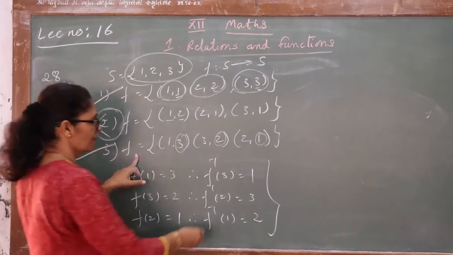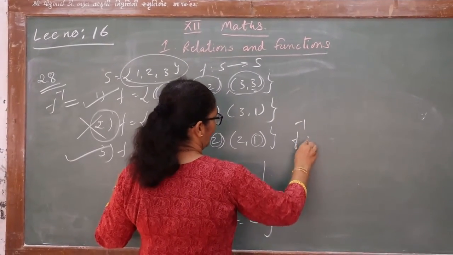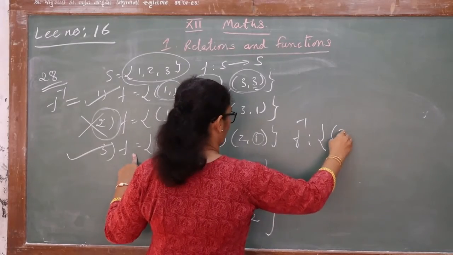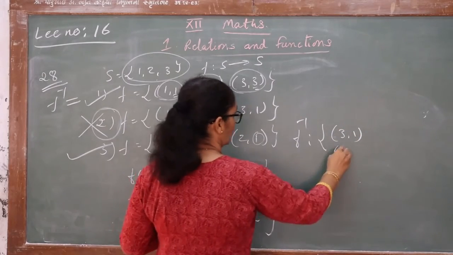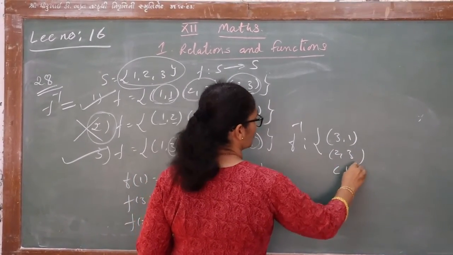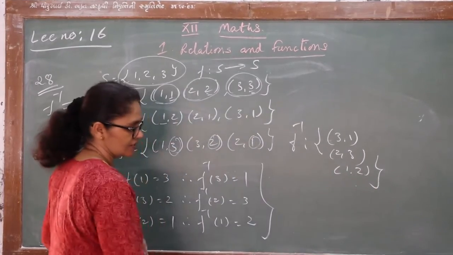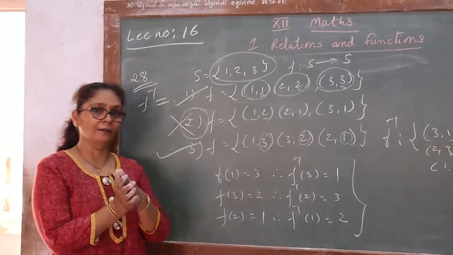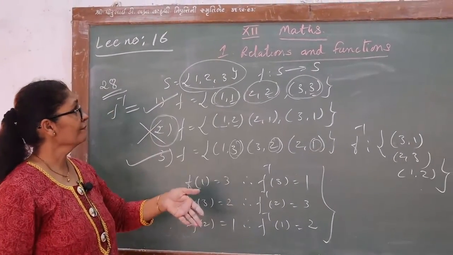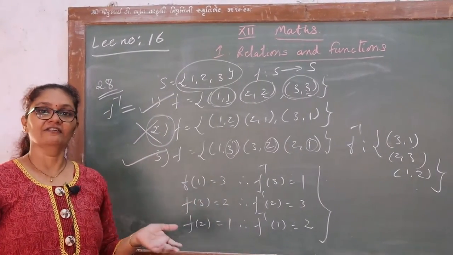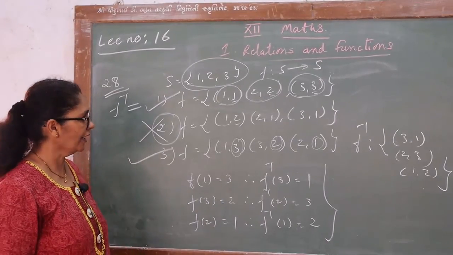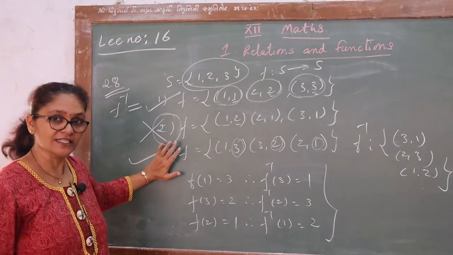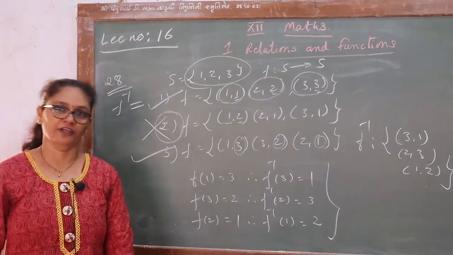So for the inverse, which ordered pairs can you write? f inverse is (3,1), (2,3) and (1,2). This is the inverse of it. So we have already completed all the solved questions, and tomorrow we start our exercise with composite and inverse functions. So for this lecture, this much is enough. Thank you very much.